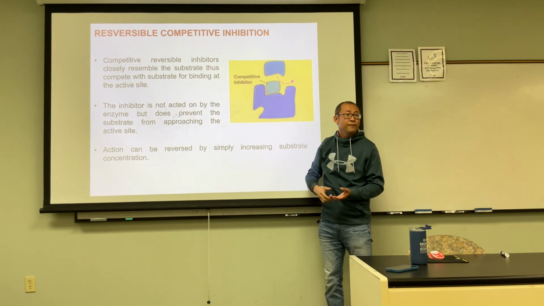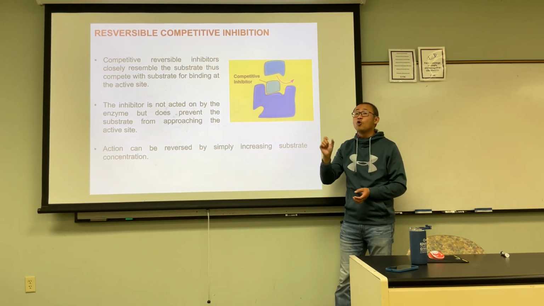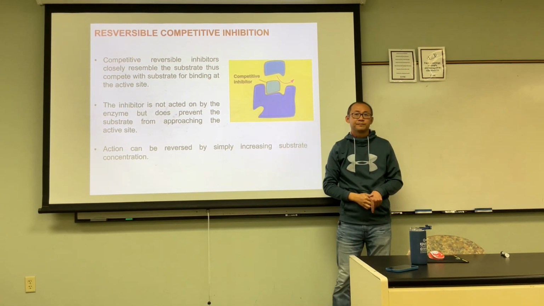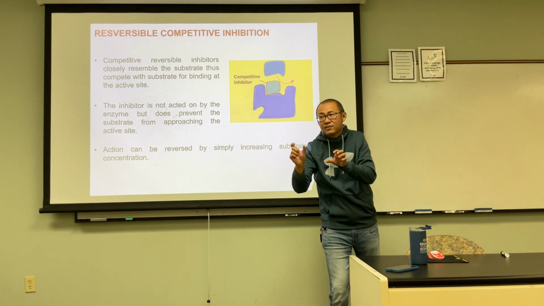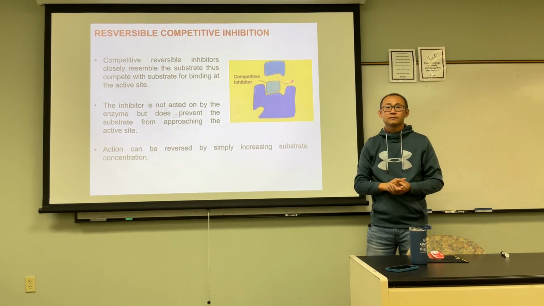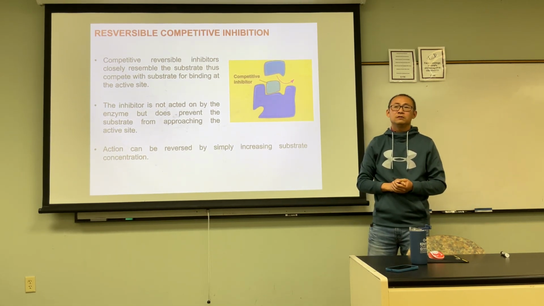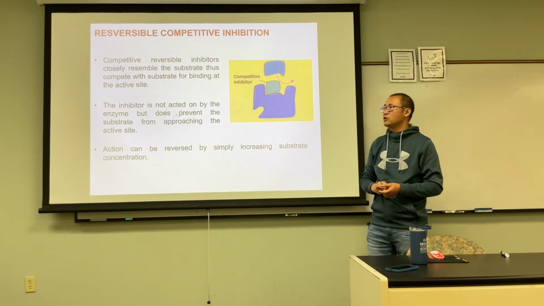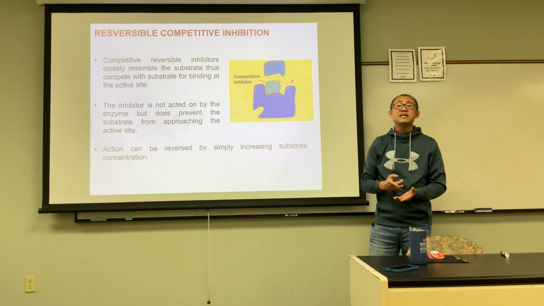They're similar, right? Competitive inhibitor normally resembles the substrate, or they're designed to resemble the substrate. That's how we can tell the structure of a competitive inhibitor. They normally resemble the structure of the substrate, and they compete with the substrate.